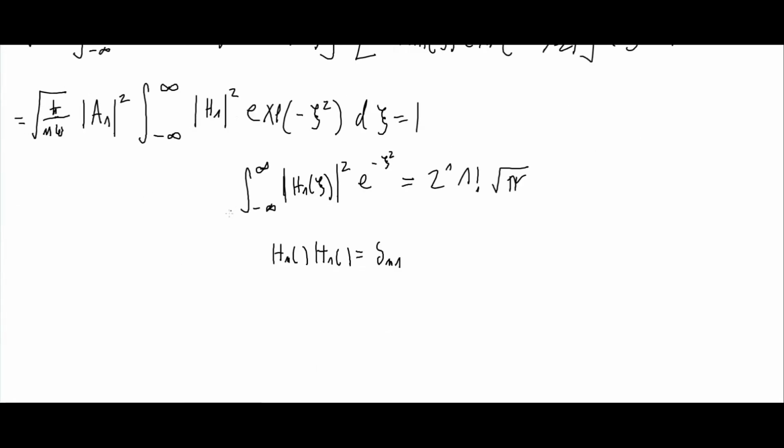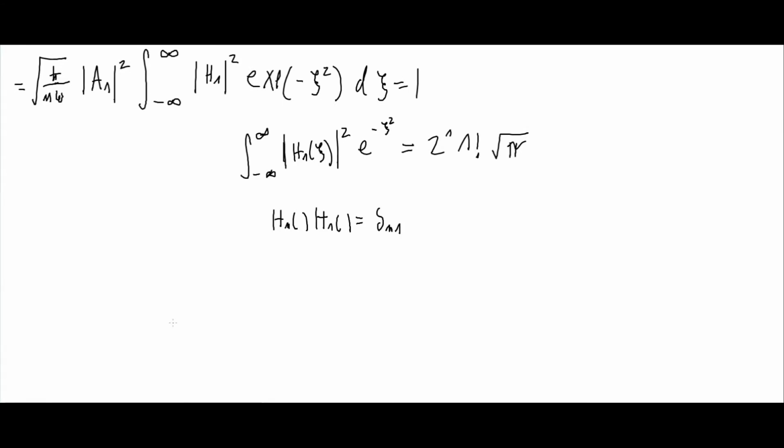And so we can just put that in for our h sub n here, and then what we get is equal to h bar over mass times angular frequency square root a sub n squared, and so we just took this integral here and said that it was this right here.